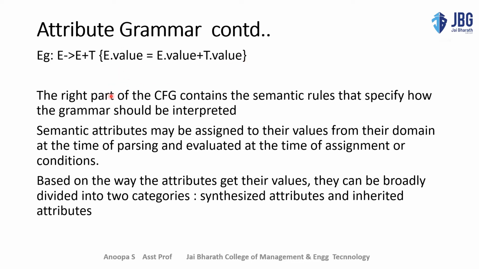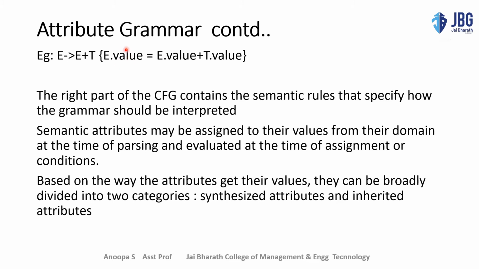The right part of the CFG contains the semantic rule that specifies how the grammar should be interpreted. So what does it mean? I should get the T value, that is the value associated with the non-terminal T. Then I should get the value associated with non-terminal E. Then I should add both of them, and it is assigned to this E value.